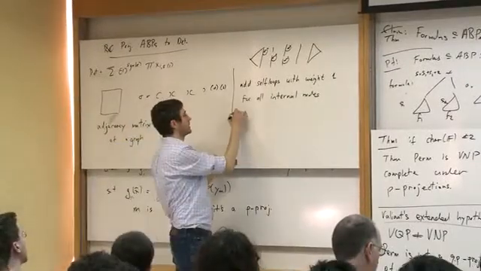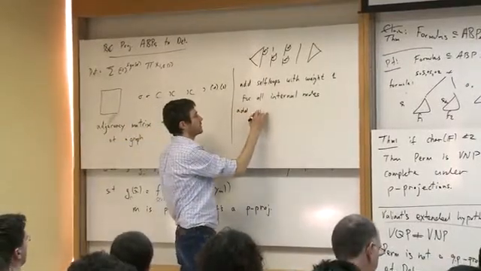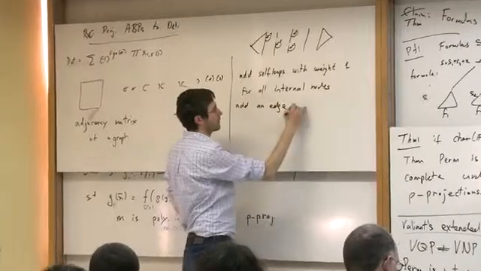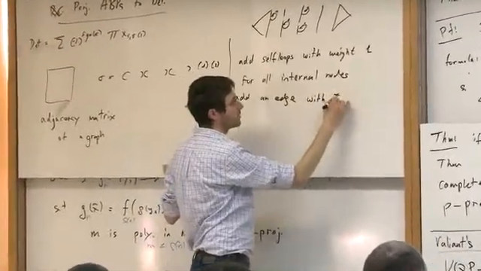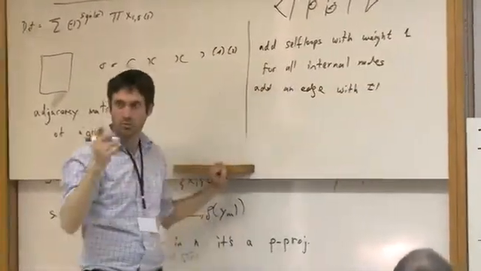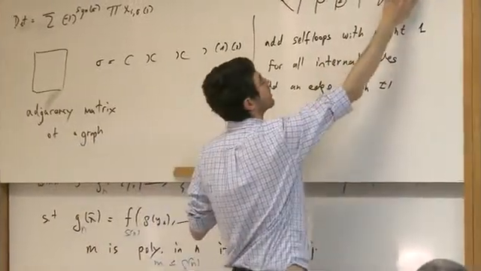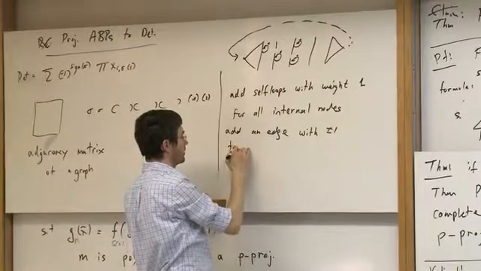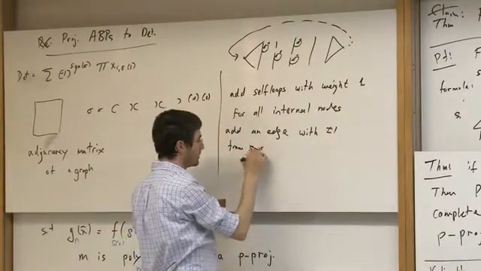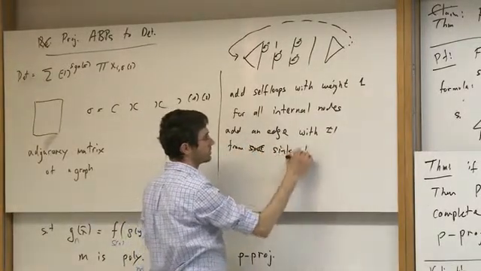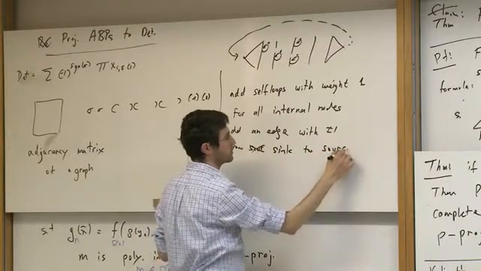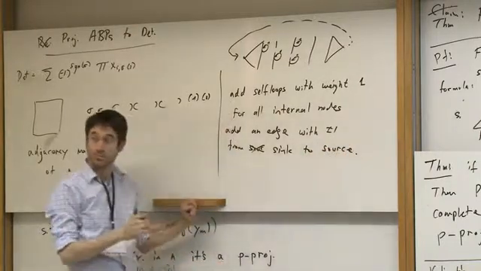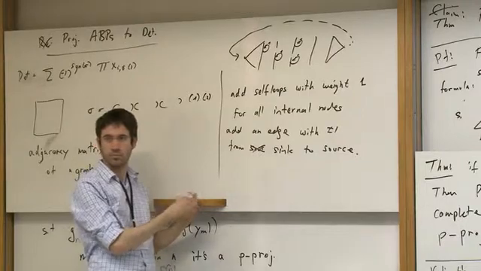And I also add an edge with either plus or -1, depending on the layer, but don't worry about that, from sink to source.